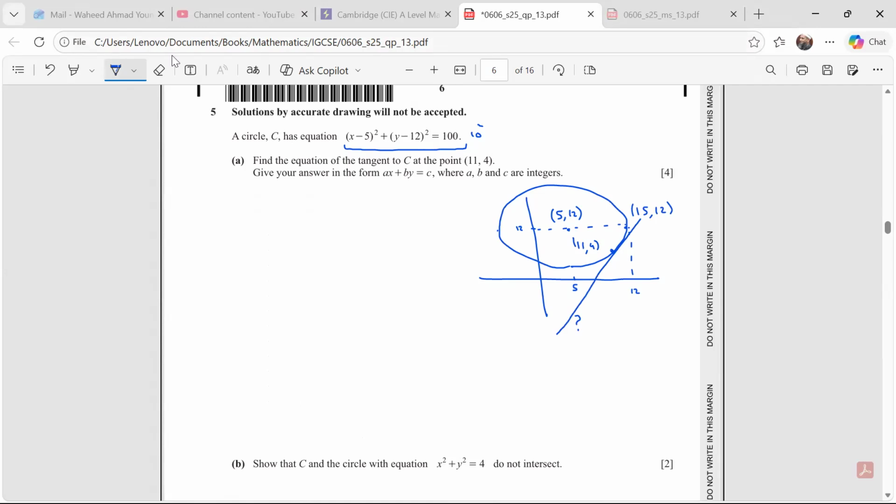Let me change the color to distinguish. Remember, this red line is the radius, and it is perpendicular to this tangent line. So let me try to find the slope of this radius. Slope of the radial line, let me call it.